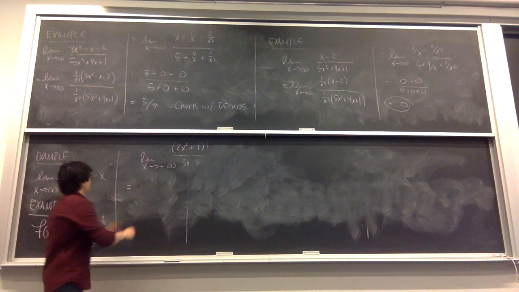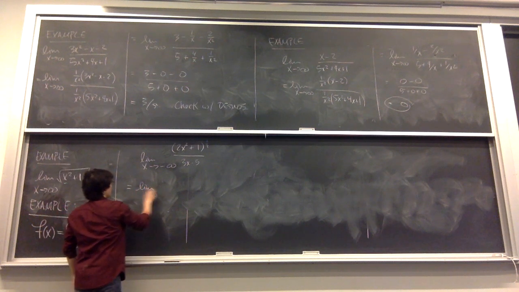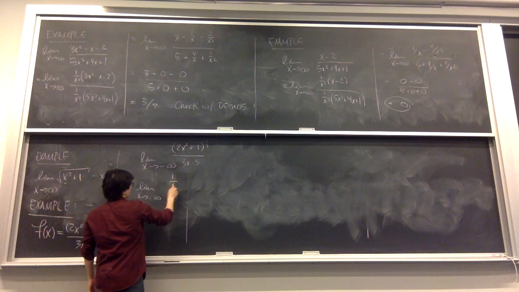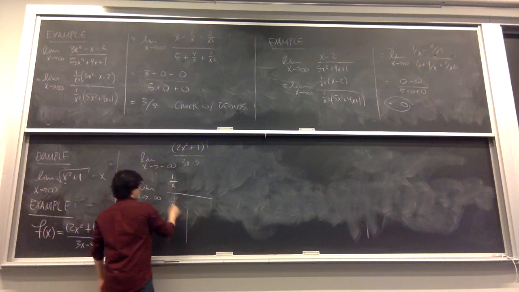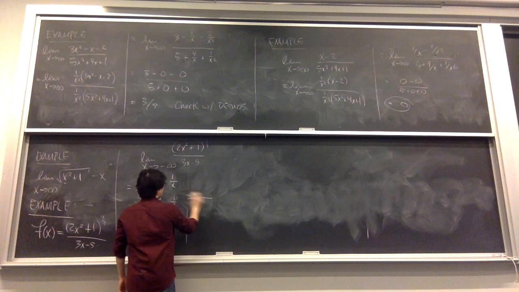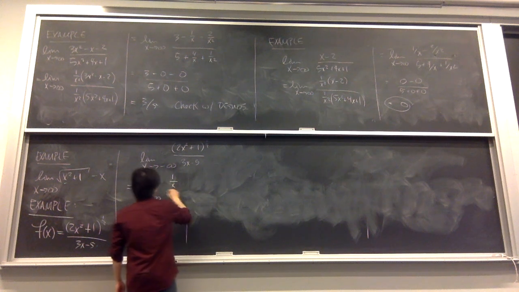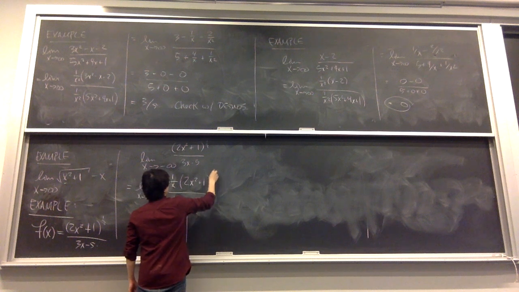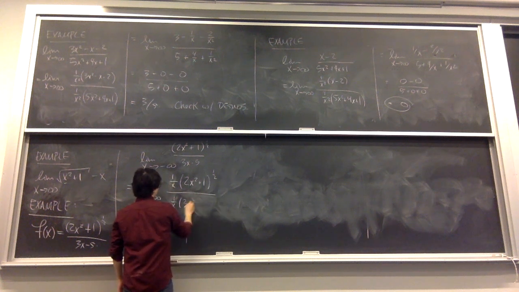So this is going to be equal to the limit as x goes to minus infinity, and then I'm just going to do this jazz where I say 1 over x over 1 over x. Here it's going to be (2x squared plus 1) to a half, and this is going to be 3x minus 5.